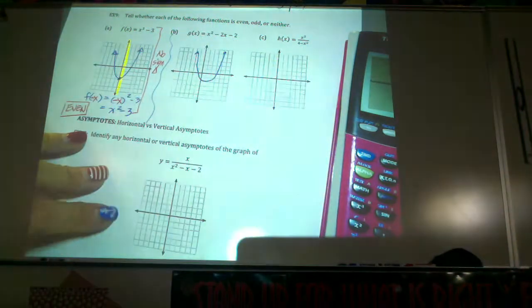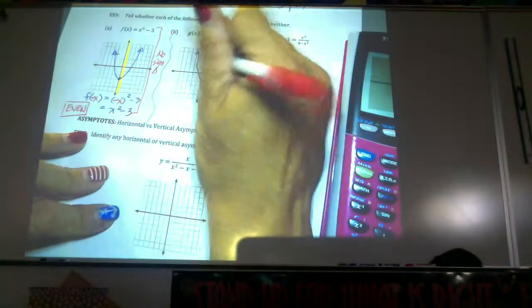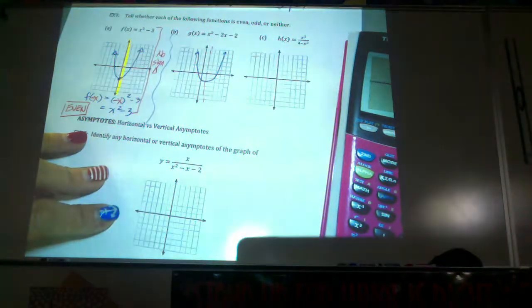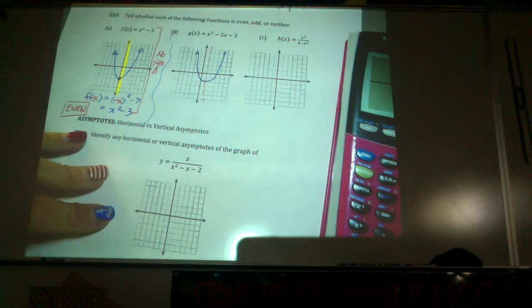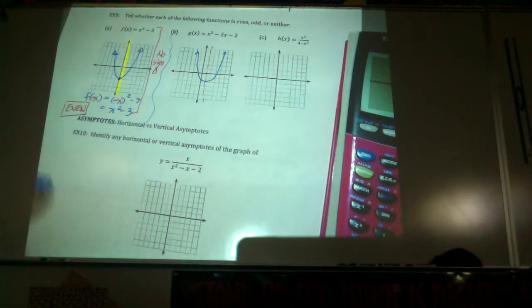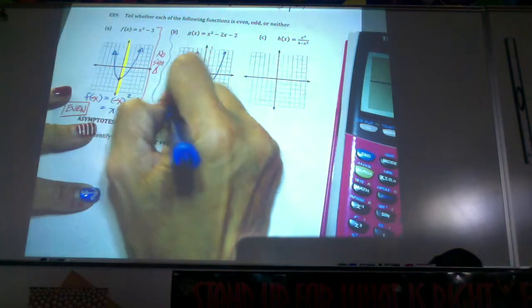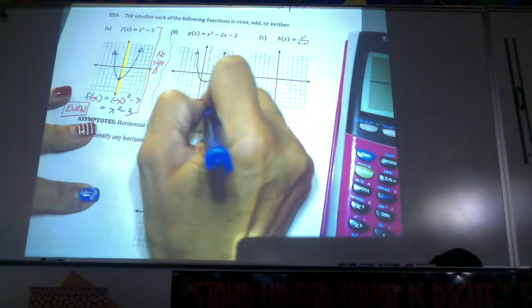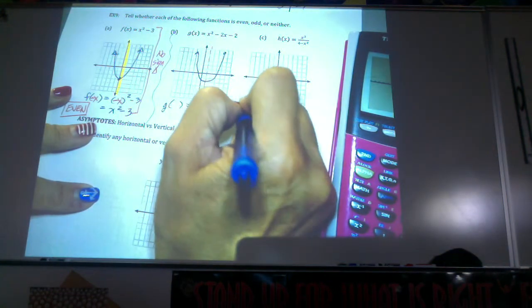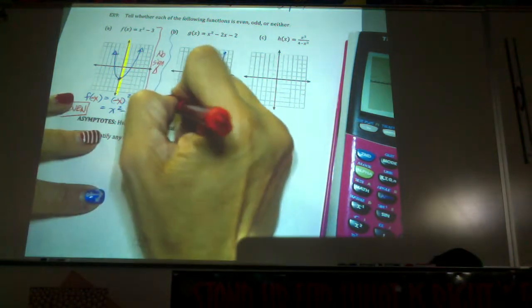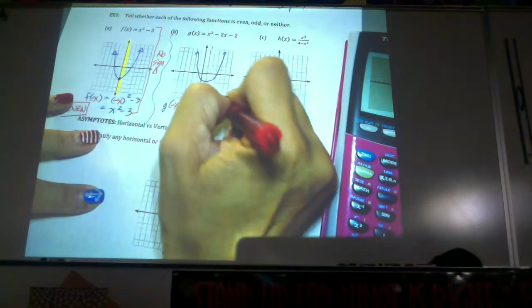Anyway, is this symmetric to the y-axis? It has a symmetry that's moved off of the y-axis. Does that automatically make it so it's not even? And is it symmetric to the origin? So it can't be odd. And look at the math behind it. So if I take every x and substitute in a negative x, look for what happens with sign changes.